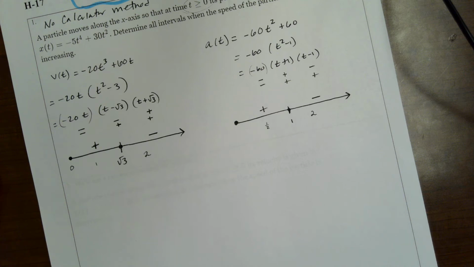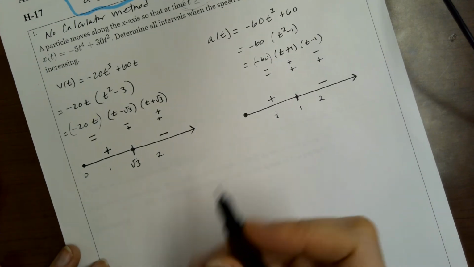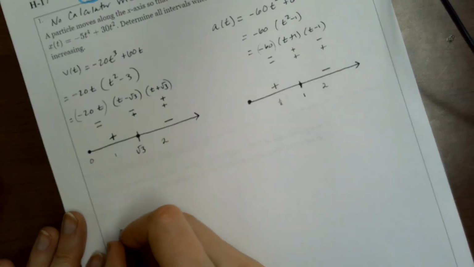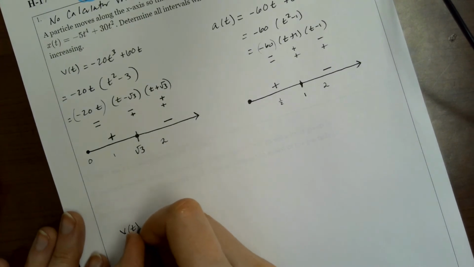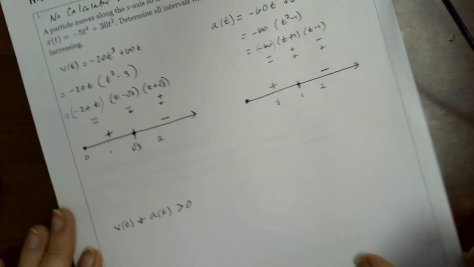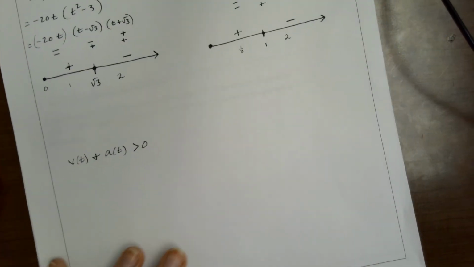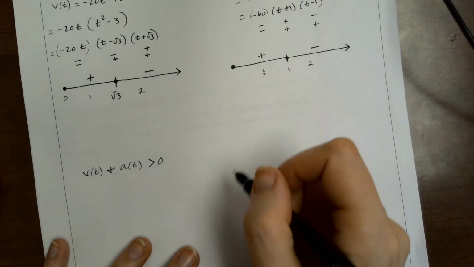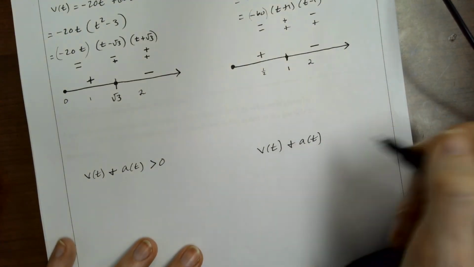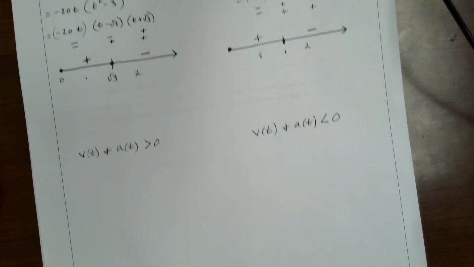Okay, so the idea is this, guys. Now I'm going to do 2 number lines. For this number line here, I want v of t and a of t both positive. And then over here, I want v of t and a of t both negative, all right?